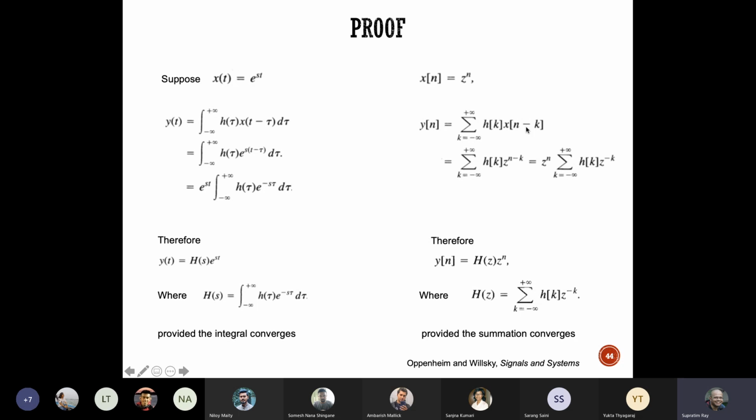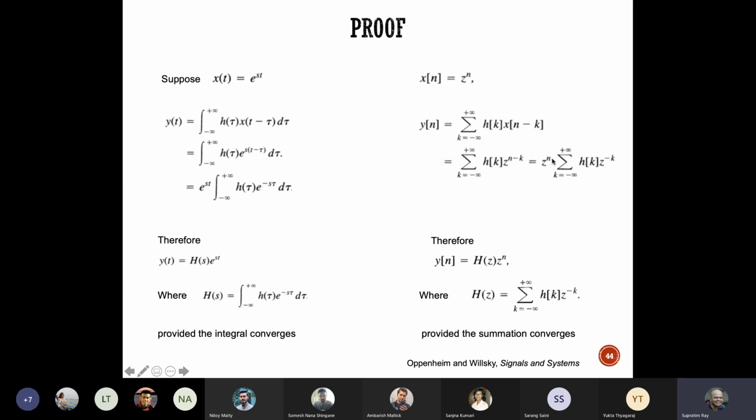This is the formula in the discrete domain. And you just put x as e to the power st. So here it's just e to the power s(t minus tau). And you can see that e to the power st will just come out of this because the integration is over tau. So t is a constant here, so is s. So this just comes out and you're left with this. That's it. Same here as well.